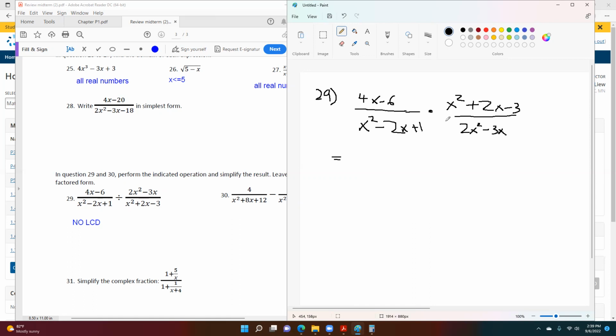So there are 4 of these you have to factor. Let's do the top one of the first fraction. What can we factor here? 2. Yeah, you can take out 2. That's a GCF. So you get 2x minus 3.